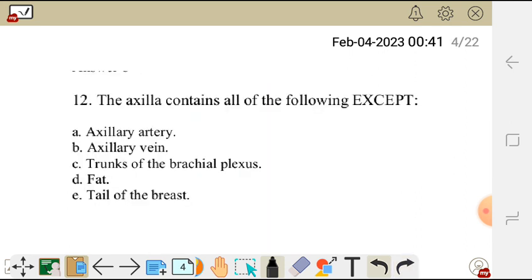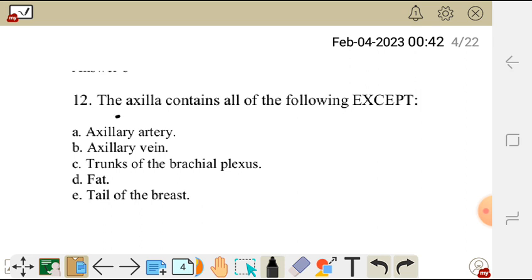Question 12 reads, the axilla contains all of the following except A, axillary artery, B, axillary vein, C, trunks of the brachial plexus, D, fat, and E, tail of the breast.